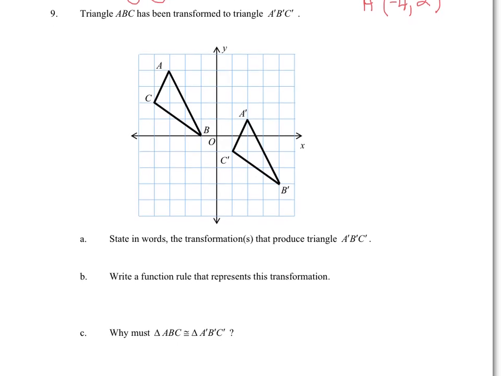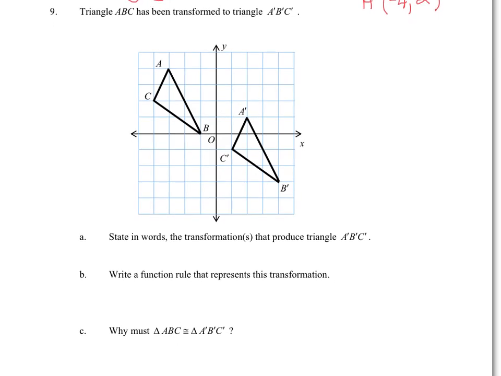For number 9, triangle ABC has been transformed to triangle A prime, B prime, C prime. So they want you to state in words the transformations that produce triangle A prime, B prime, C prime. Well, we can see that ABC and A prime, B prime, C prime look to be the same shape. So it looks like it's just a translation in this direction.